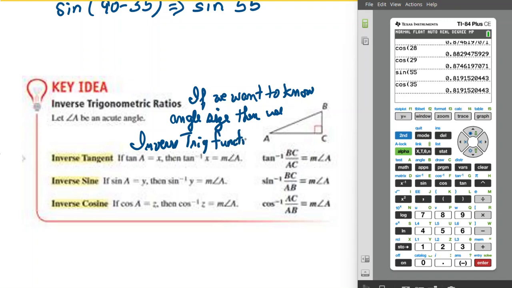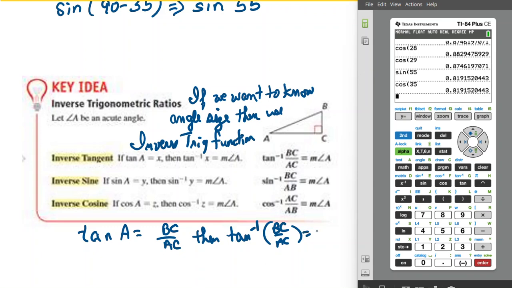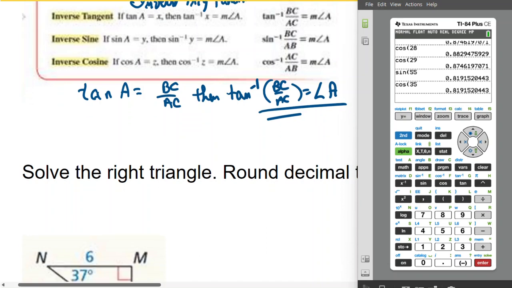We're using, when we do the inverse, the ratio we constructed. All right. So, in other words, if I know tan A is BC over AC, then tan inverse with a -1 of BC over AC equals the angle A. All right. So now we're using that concept.